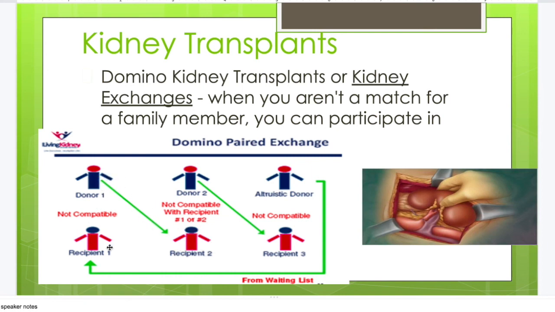So they're going to donate their kidney, and this person would get it. But the person that they wanted to donate to, that's not a match either. What they would do is keep shuffling things around until a kidney would be a match for this original recipient, and they could actually get a kidney since they had a willing donor and they just were not a match.